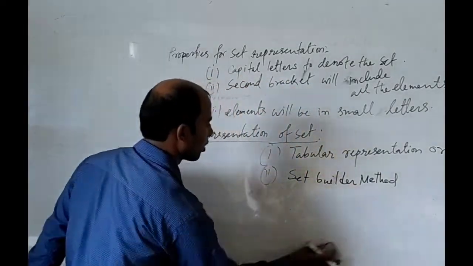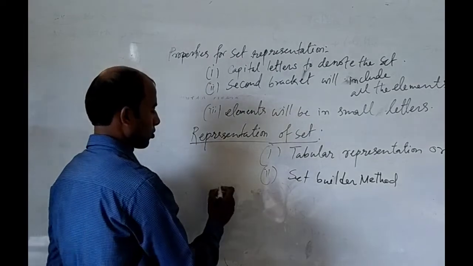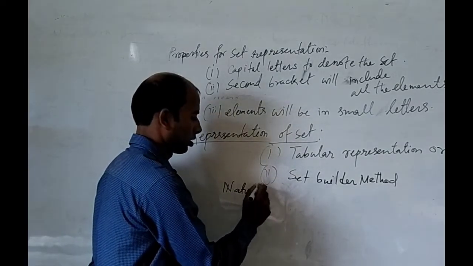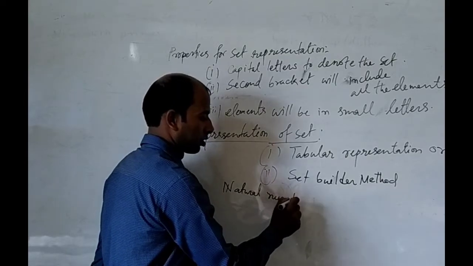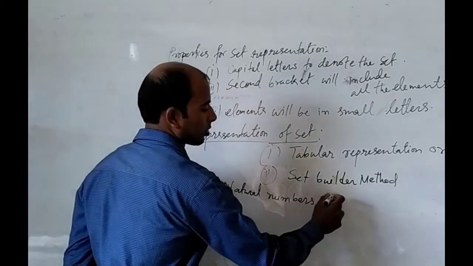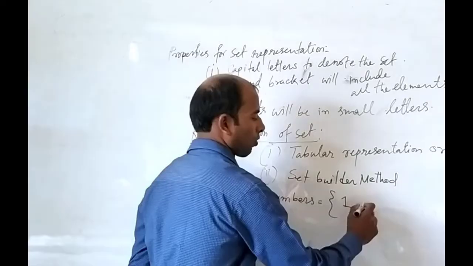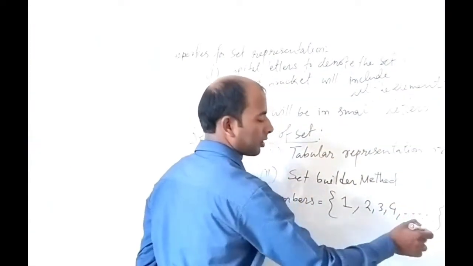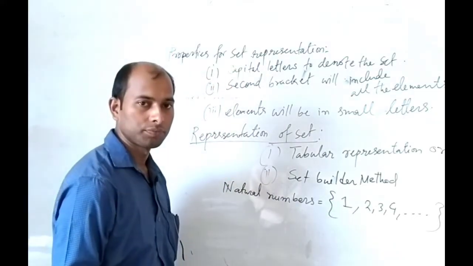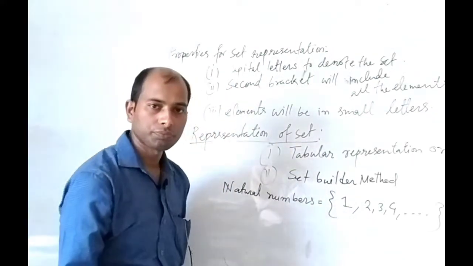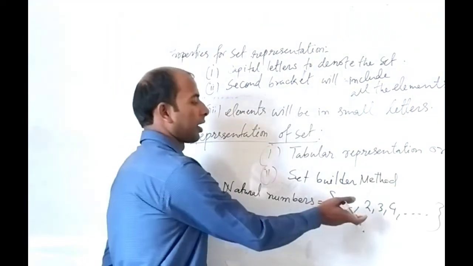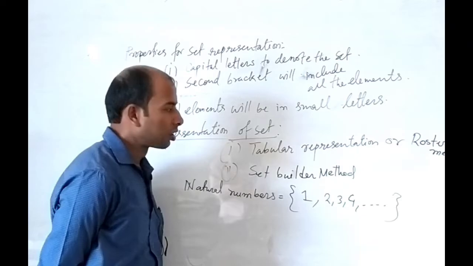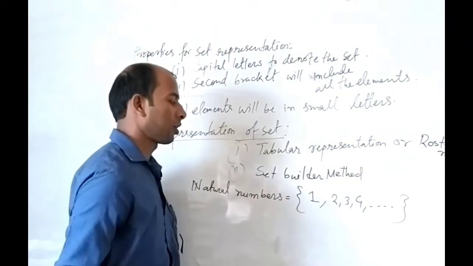Suppose we are writing natural numbers: 1, 2, 3, 4 in a collection, represented in set notation with all the elements included. This representation is called tabular representation.